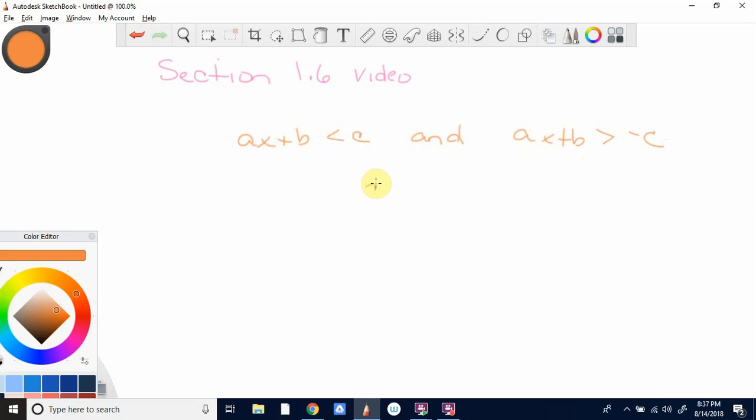The book writes it like this, which is fine because remember it's an and, so you have the option of writing it as one continuous. I personally like this because it keeps me in the same pattern and keeps it straight. I don't have to worry about thinking, oh, which one do I have? I know it's less than, so then it's going to be an and, then I flip the inequality sign and it's opposite. It's that simple. Visually it's easier for me to solve, but you might like this one and see that it's an and and not make a mistake. So use that one if you choose.